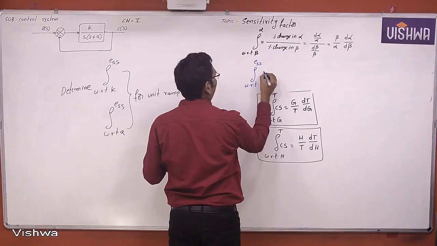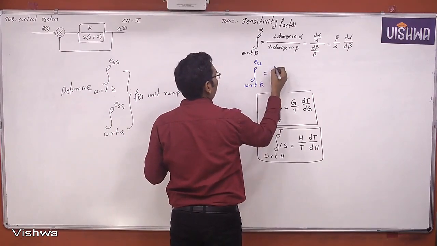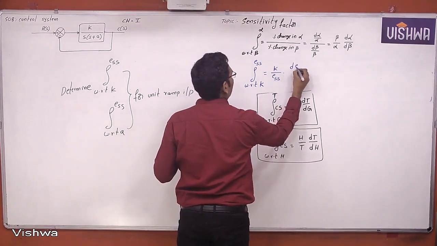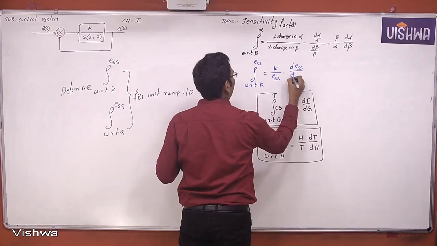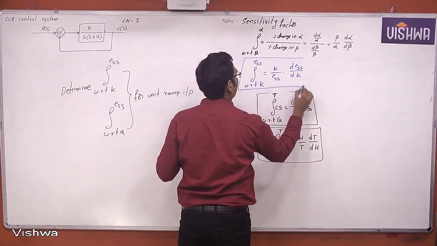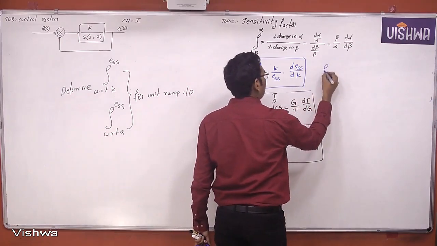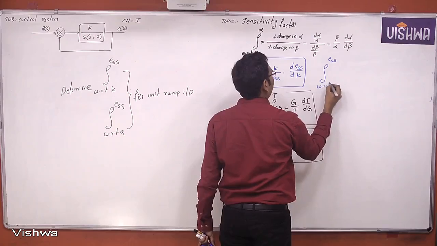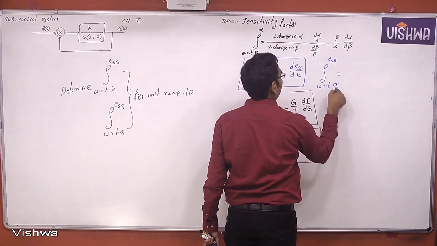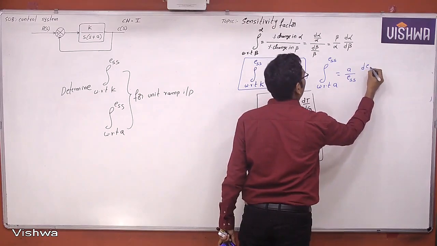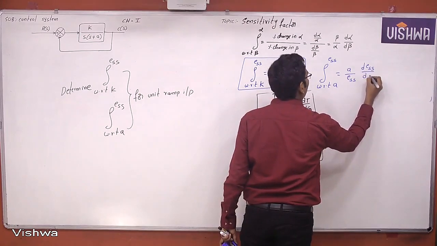With respect to k, what is the formula? First k by steady state error, into the differentiation of steady state error with respect to k. This is one formula. Next, the sensitivity of steady state error with respect to a, which means first a by steady state error, into the differentiation of steady state error with respect to a.